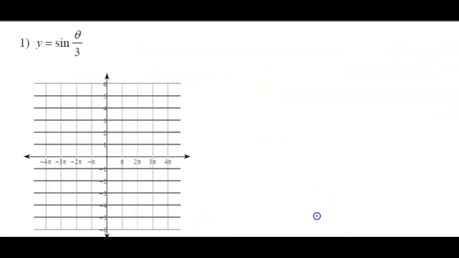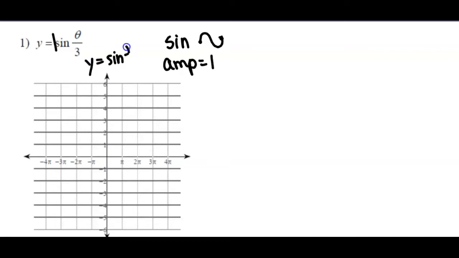All right, so for number 1, this is a sine graph. So the shape is going to start at the midline like this. It has an a value out here of 1, so the amplitude is just 1. This is a weird one to start with, but this is the same as 1/3 theta.